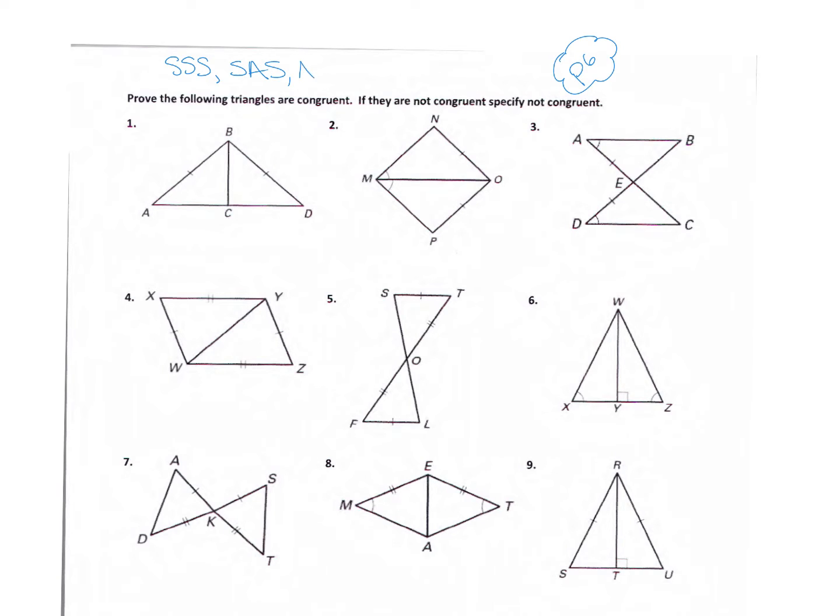We're looking for angle, side, angle. That would be the included side in between 2 congruent angles in the 2 triangles. We're looking for it to be angle, angle, side, which you could list side, angle, angle. Or if it's a right triangle, sometimes it's HL, hypotenuse leg.